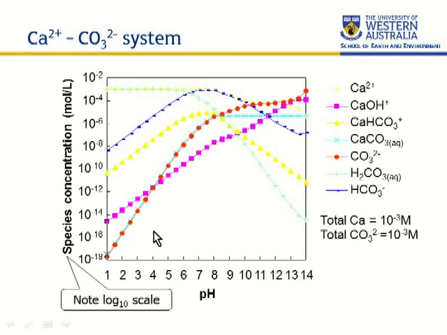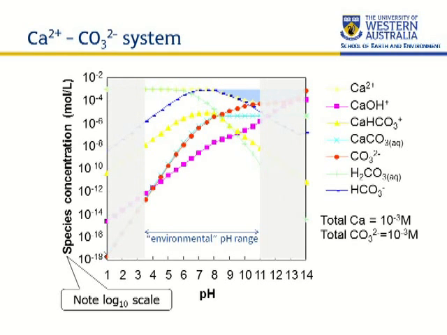Alright, so there's a bunch of other species on this diagram because we've popped in one more component, and that's calcium. So instead of just a carbonate plus water system, we're now a carbonate plus calcium plus water system, and it adds quite a bit of complexity, not the least because we see a decrease in the total concentrations caused by precipitation of calcite, just restricting that to an environmental pH range.